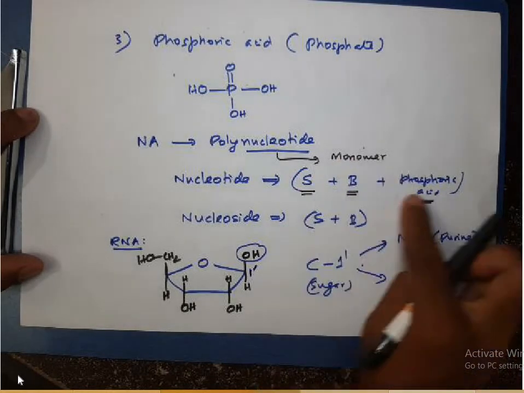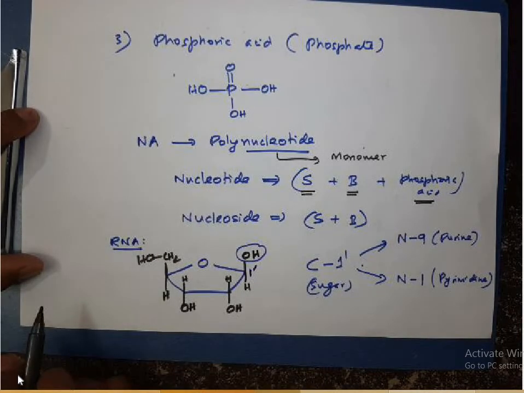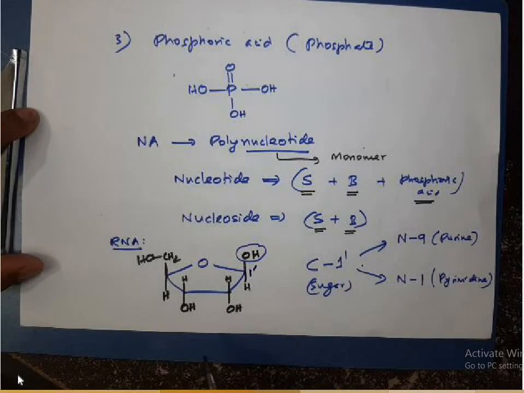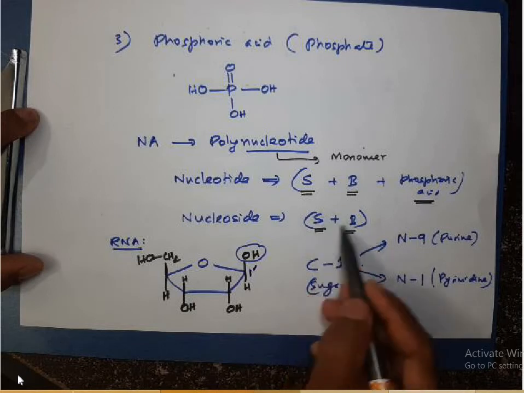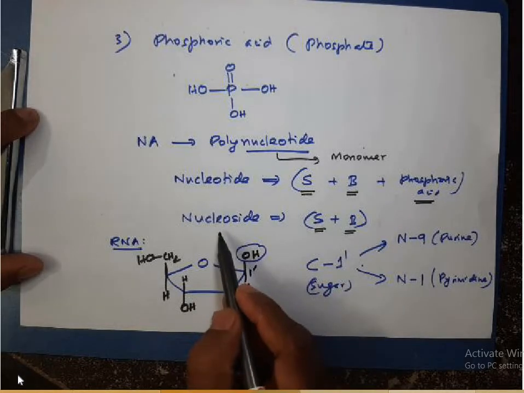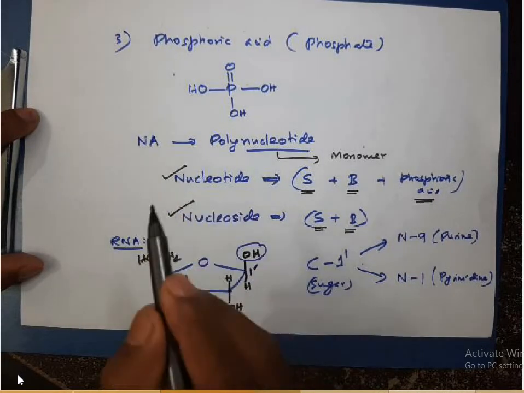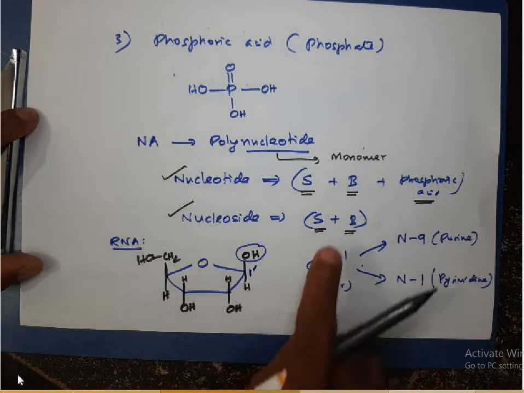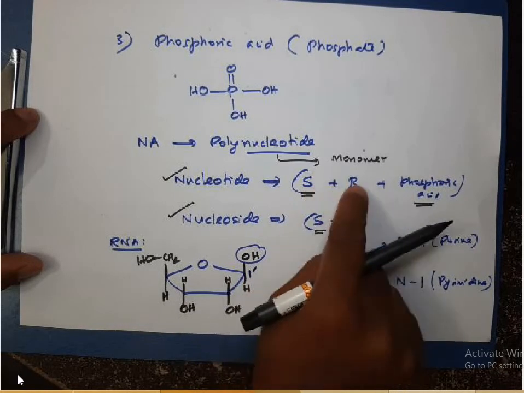If these three combine, you will get what is called nucleotide. If you combine one sugar and one base without phosphoric acid, this combined unit is called nucleoside. Students, remember the names nucleoside, nucleotide. Nucleoside means sugar and base only, the combination of sugar and base. Whereas here, the combination of sugar, base and phosphoric acid.